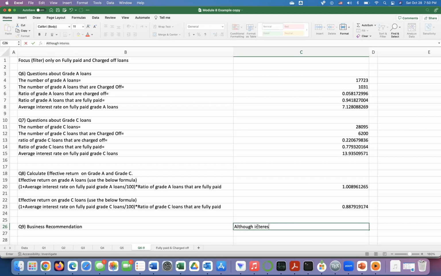So, business recommendation: although interest rates on grade C loans are higher than grade A loans, and then maybe in parentheses, 13.9% versus 7.12%.